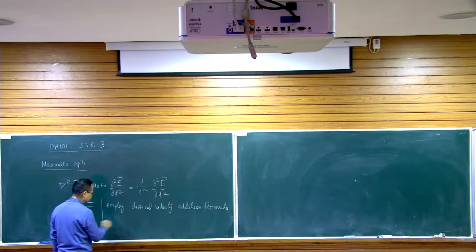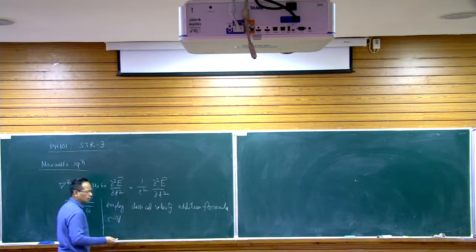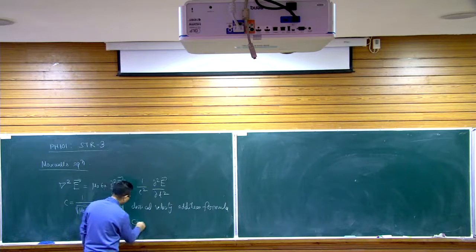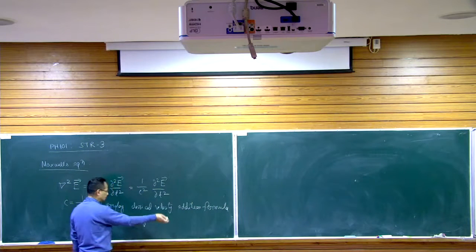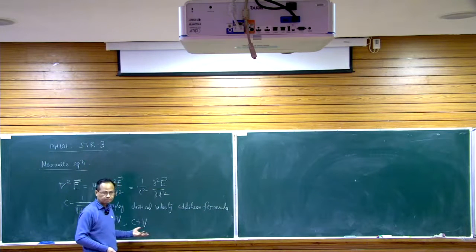So if light is traveling in the same direction as the frame of reference from where the measurement of the speed of light is taken, then in one case you will find the speed of light to be c minus v, and in another case, if the light is traveling in the opposite direction, you may find the speed of light to be c plus v.